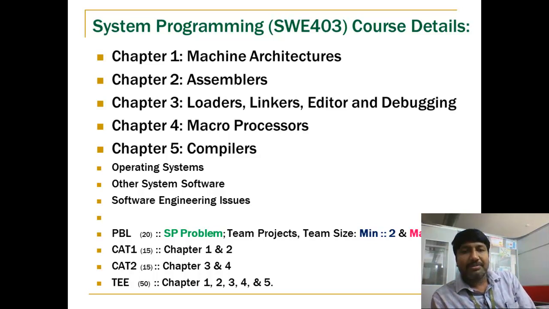In chapter 4 microprocessor. Chapter 5 compilers. Operating systems and other software engineering tools and issues also come under system software or system programming, but we will mainly focus on machine architecture, assembler design, compiler design, microprocessor, loaders, linkers, text editors.